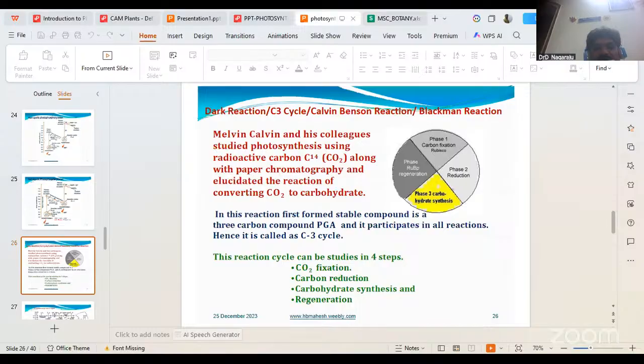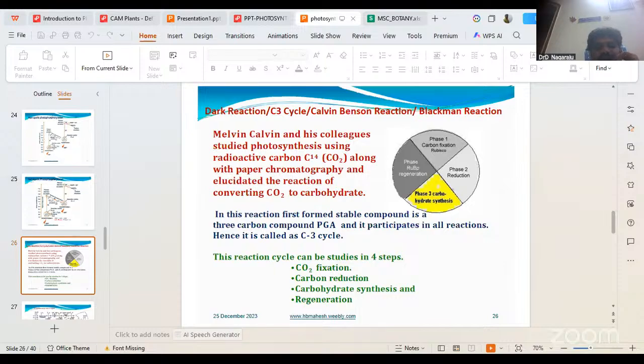Here this ribose 5 phosphate, by an isomerization reaction, changes into ribulose 5 phosphate. And xylulose 5 phosphate also changes into ribulose 5 phosphate.